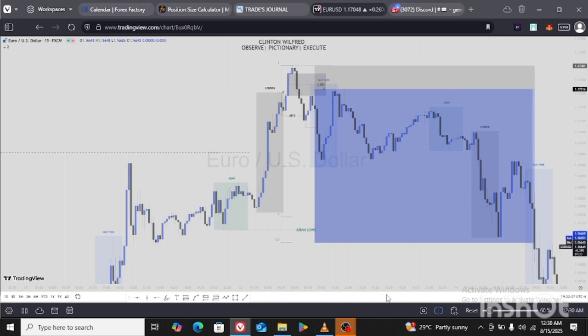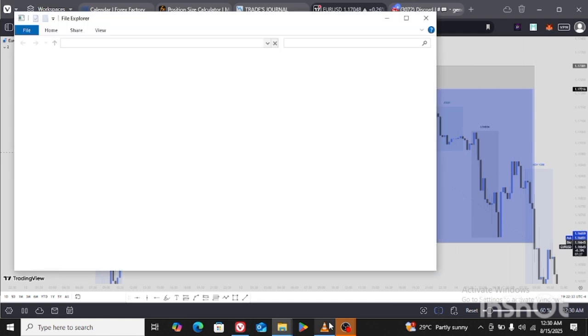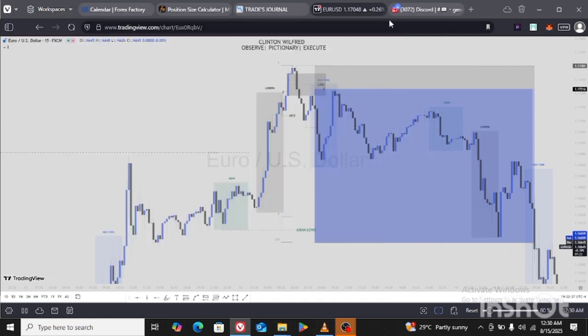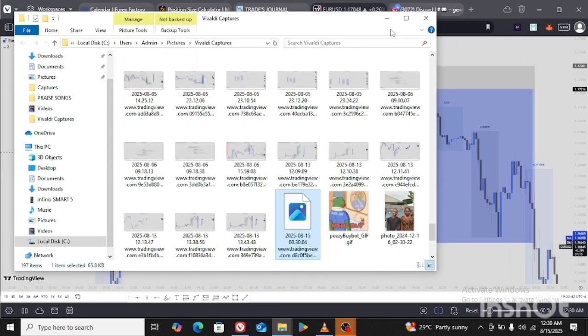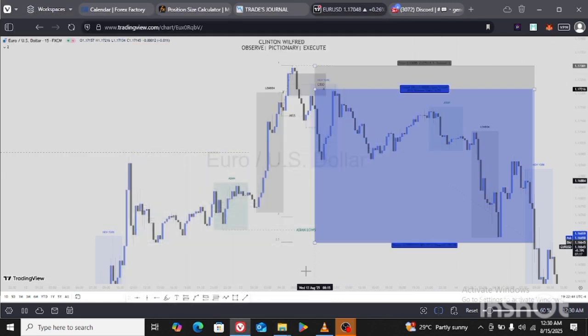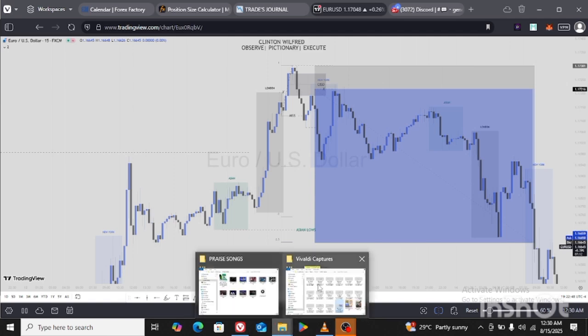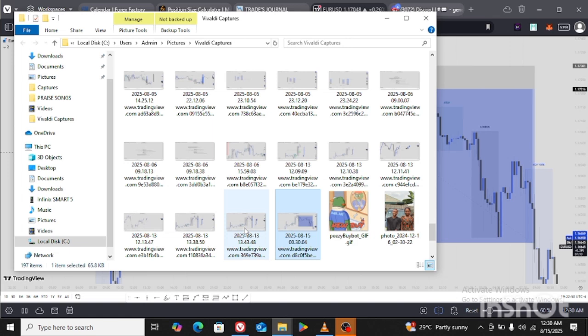I'm hopeful I will get out of it very soon. Hallelujah. I think I have a screenshot of this trade, the beginning and also the ending. Okay, I think this is it.